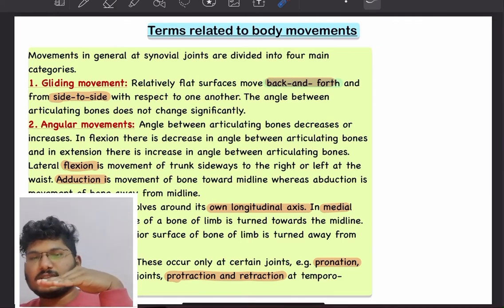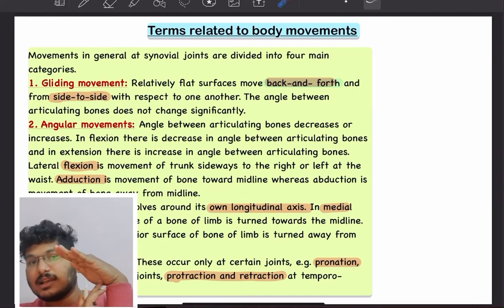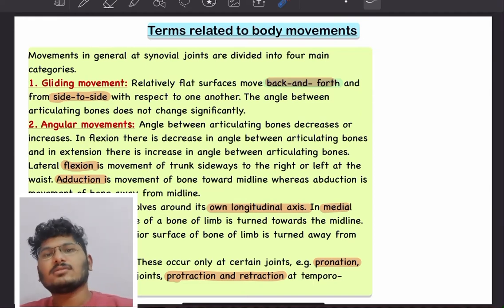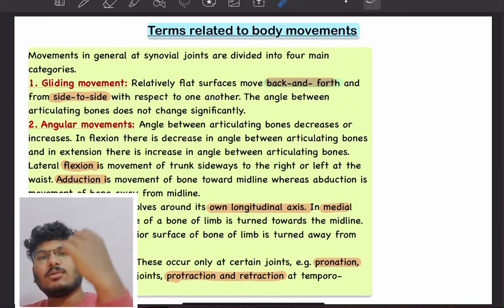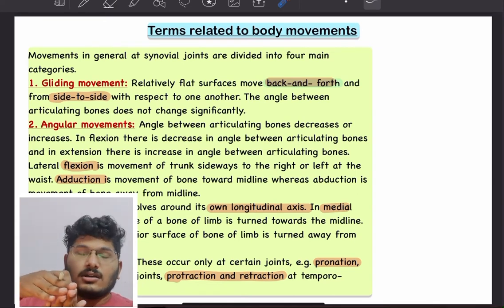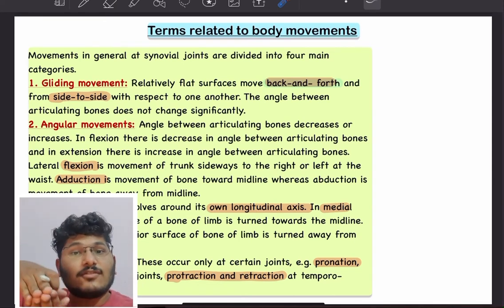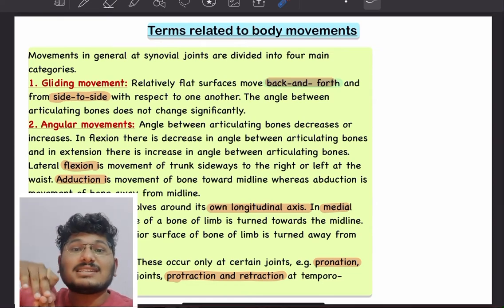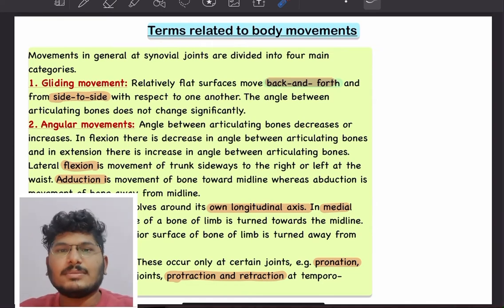Similarly, when I increase the angle between the articular surfaces of the wrist like this, it is called extension of wrist. This is the extension of elbow and this is the extension of wrist. Similarly, when we stand straight from a flexed or bent knee, it is called extension of knee.